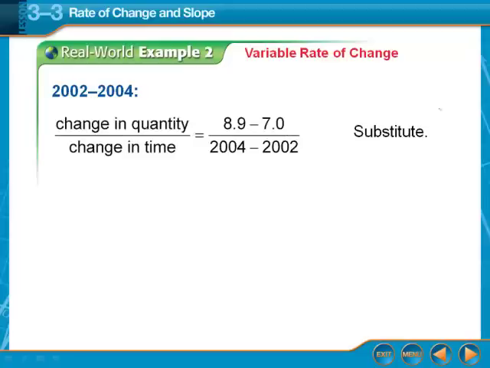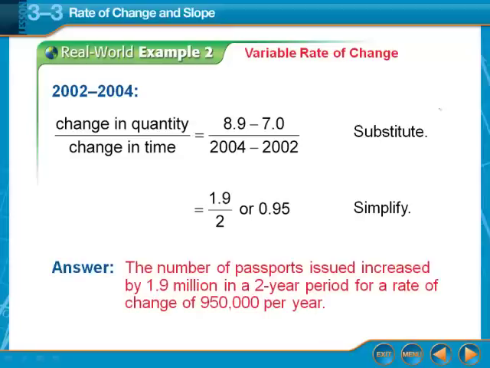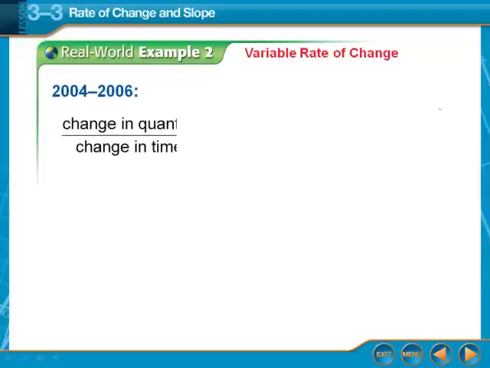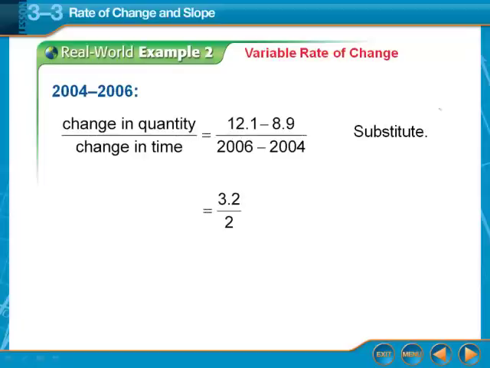2002 to 2004, 7 to 8.9, change in time, 04 to 02. What does this mean? We always want to put a real world meaning to this. That's 1.9 million in a 2-year time, or 950,000 per year. We look at the comparison to the other segment here from 04 to 06, 8.9 to 12.1.